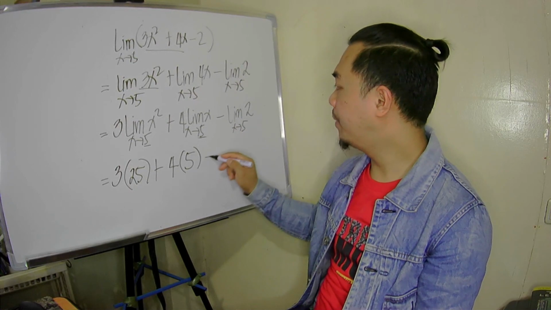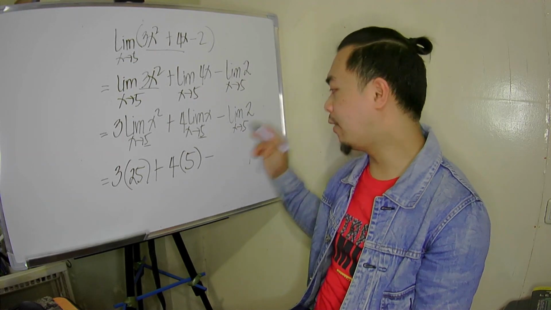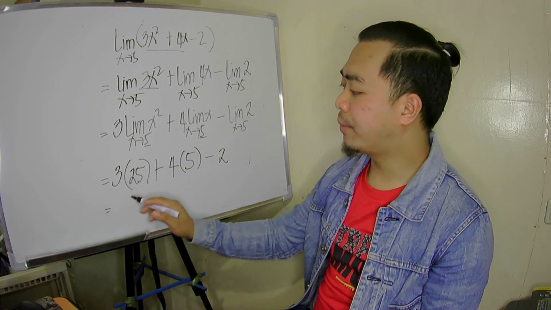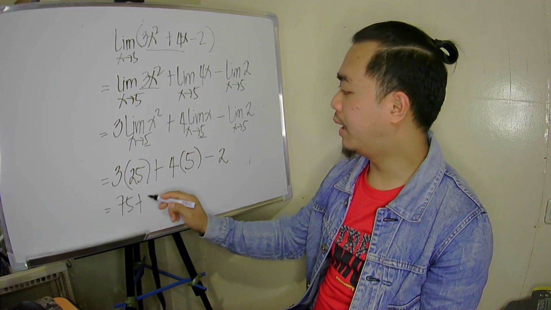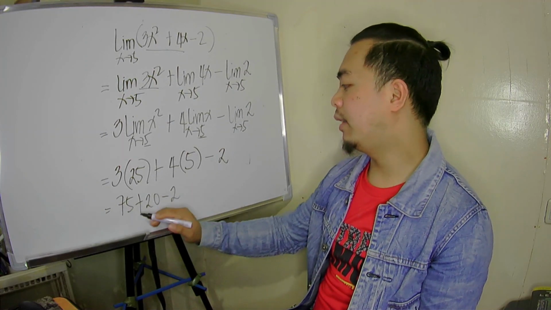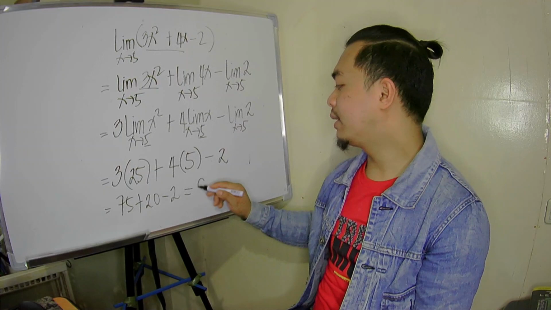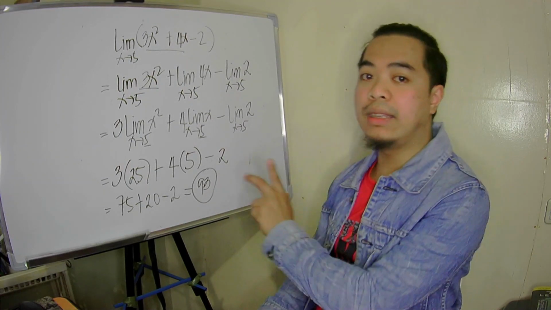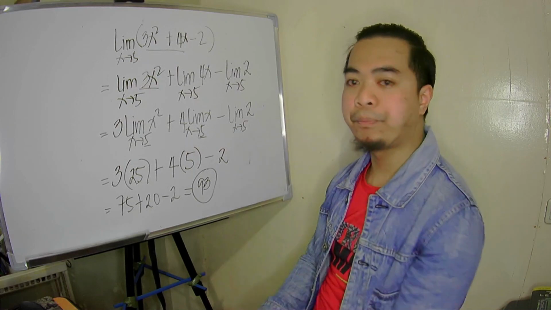So, we have 5 minus the limit of a constant is just the constant itself. Thrice 25, that is 75 plus 20 minus 2. 75, 95, minus 2 is 93. Baka mali yung arithmetic ko, but the idea is just the same.